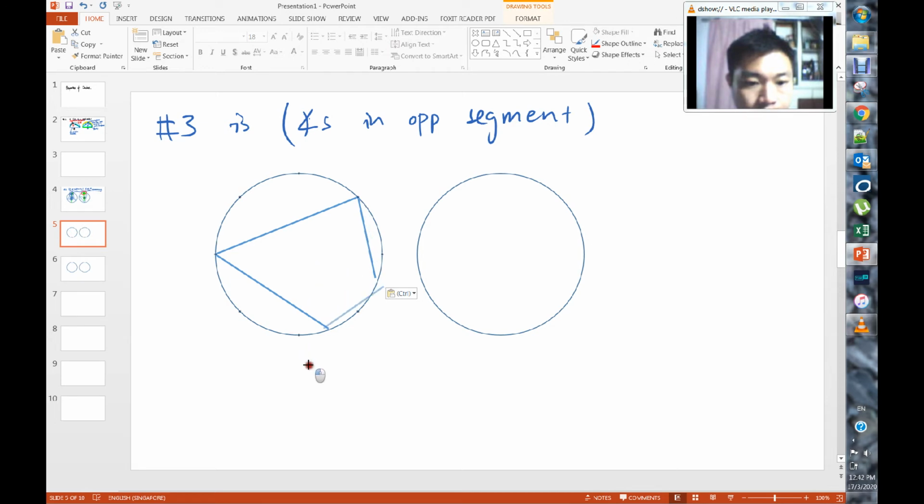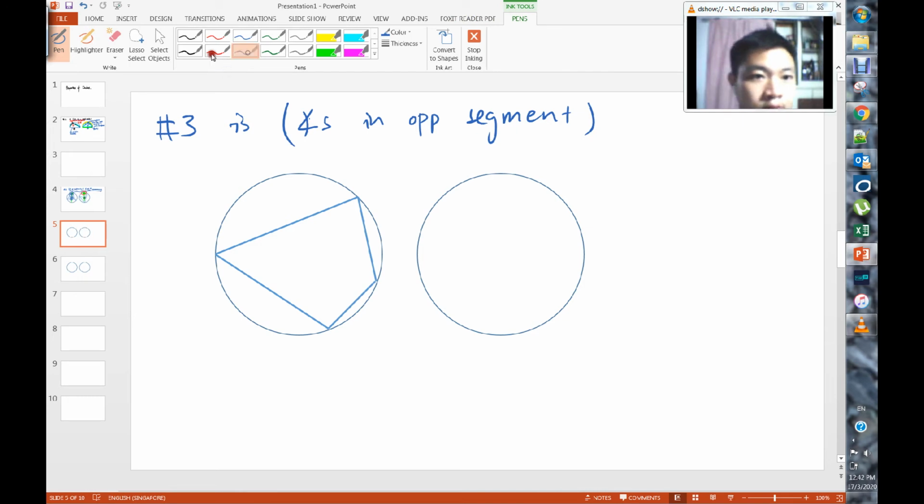Okay, good. I have already formed a quadrilateral inside this circle. The point to note is, this is your point 1, this is your point 2, this is your point 3, and this is your point 4.